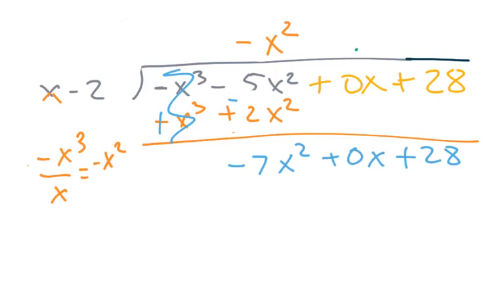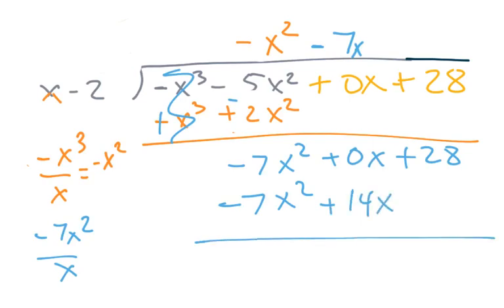And then we're going to repeat the process. So negative 7x squared divided by x is going to give me negative 7x. This is going to give me negative 7x squared plus 14x. Note again, you must change the signs. So now we have negative 14x. Again, this cancels out. Plus 28.